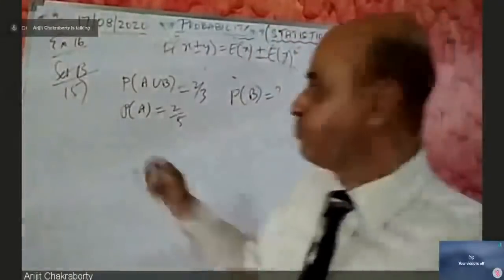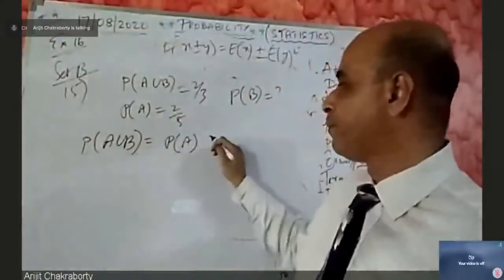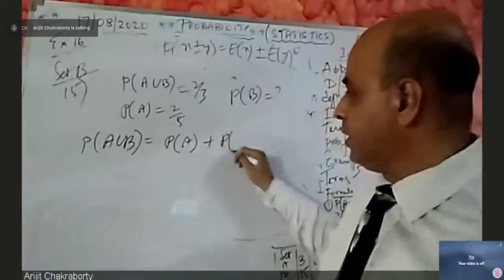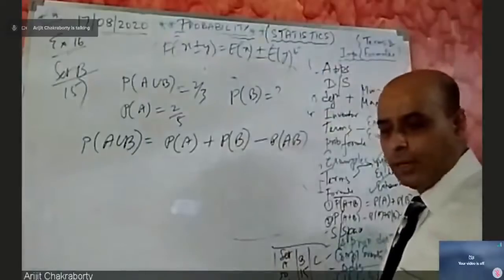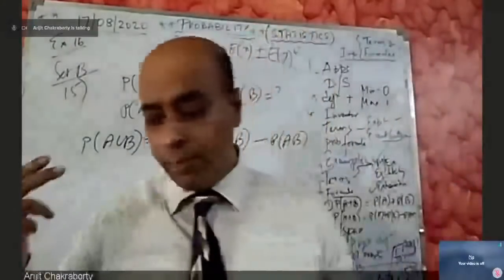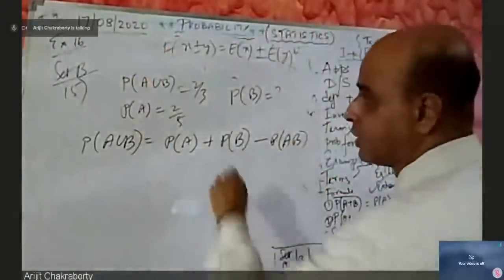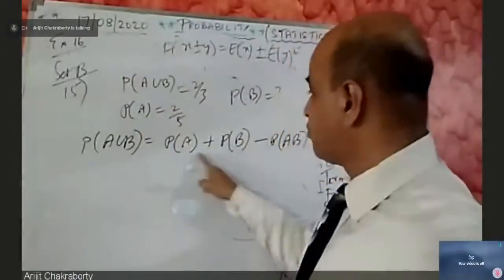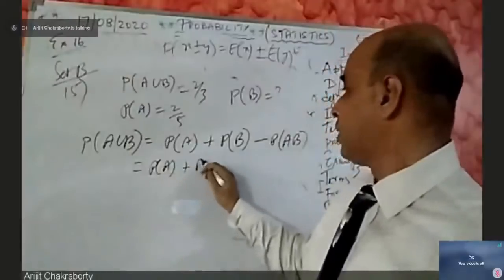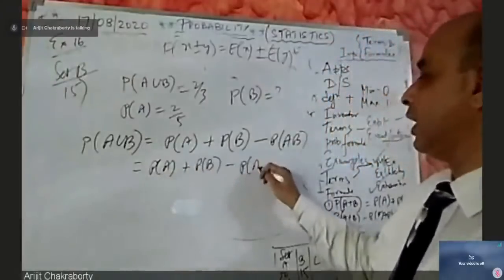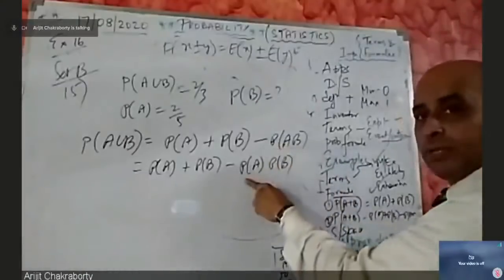Now you know that P(A∪B) is equal to P(A) plus P(B) minus P(A∩B). Now it is given that A and B are two independent events, so P(A∩B) is equal to P(A) into P(B).